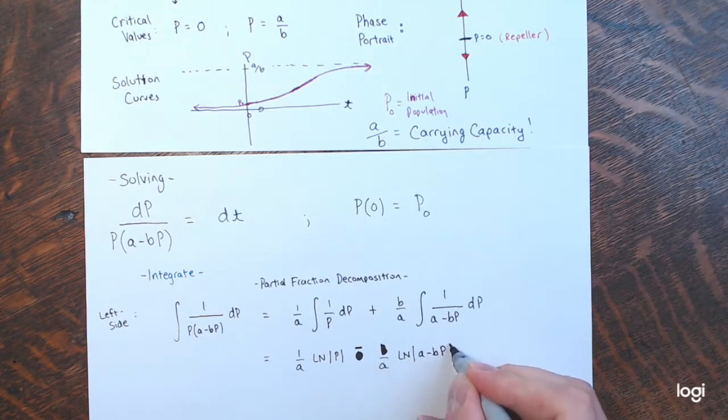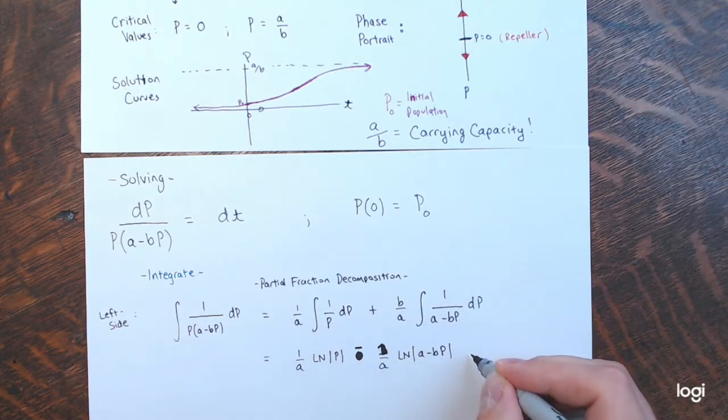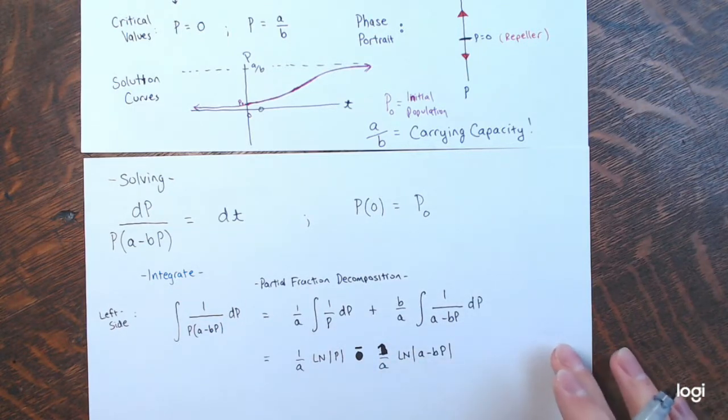And again, you can double check, make sure the derivatives of these things are what we have up here. Again, sorry, this is a 1. And then you can put plus some constant, but I'll do it on the right side of this.